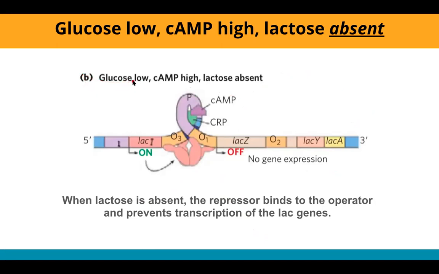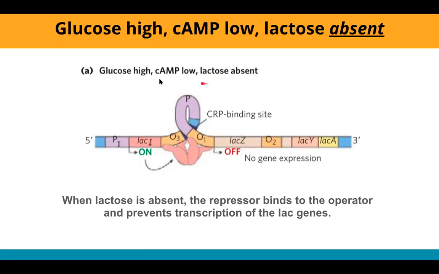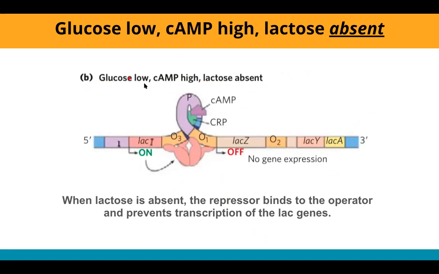What happens if glucose is low? The cAMP is high, but lactose is still absent. In the previous case the glucose is high; in this one the glucose is low, but the lactose is still absent. Since lactose is still absent, the repressor binds to the operator and blocks the transcription of lac genes.